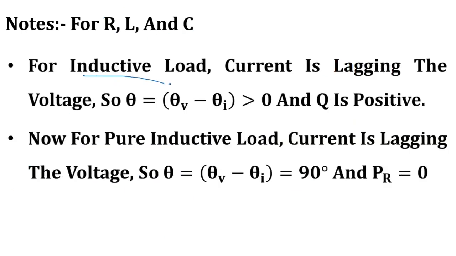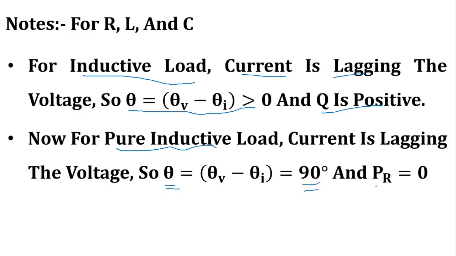Now let's consider the inductive load. In the case of an inductive load, current lags. So for an inductive load theta is greater than 0. If theta is greater than 0, then Vi sin theta is also positive. Now consider the pure inductive circuit. In a pure inductive circuit, the angle theta is equal to 90.